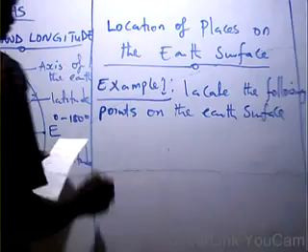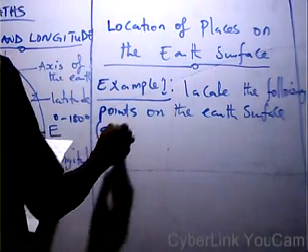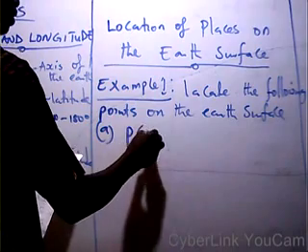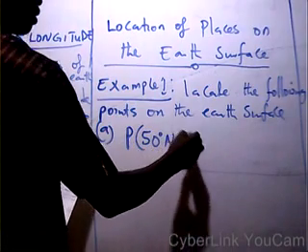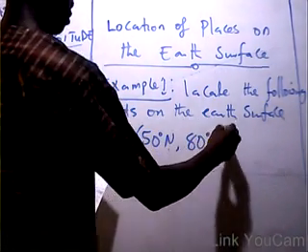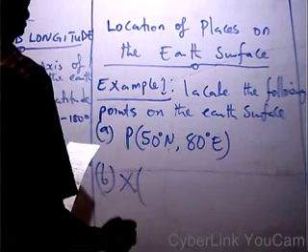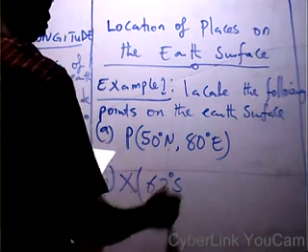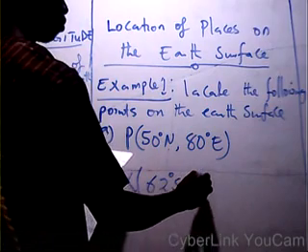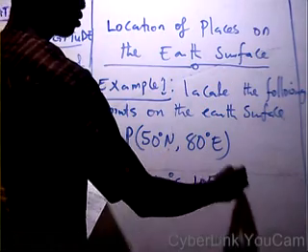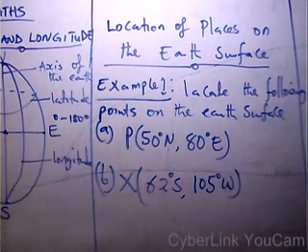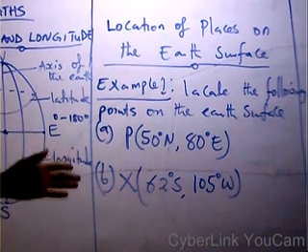The points are: A, point P, which is 50 degrees north and 80 degrees east. And B, point X, which is 62 degrees south and 105 degrees west. Because we have done this before, time does not permit us to be explaining what is not necessary, because you are not new as far as this topic is concerned.